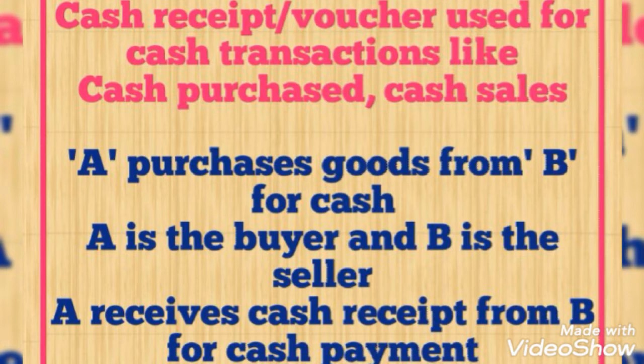Cash receipt is used for cash transactions such as cash purchases and cash sales. For example, if A purchases goods from B for cash, in this transaction, A is the buyer and B is the seller. A pays cash to B on purchases. So, A receives cash receipt from B for cash payment.